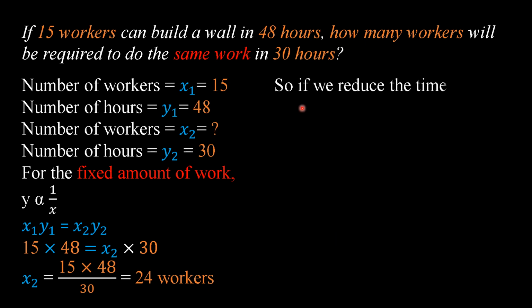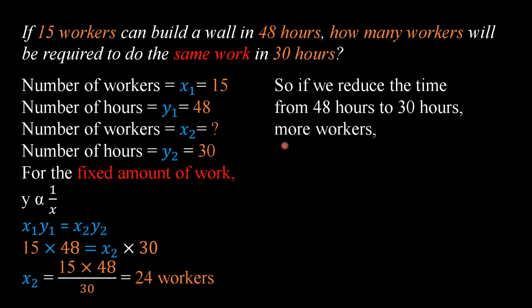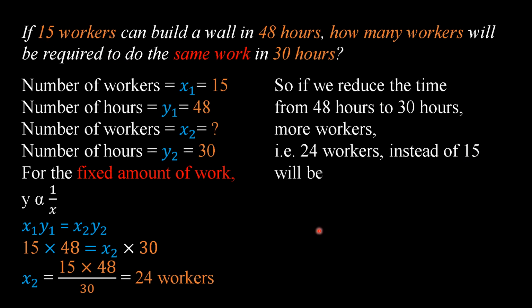So if we reduce the time from 48 hours to 30 hours, more workers, that is 24 workers instead of 15, will be required to build the wall.